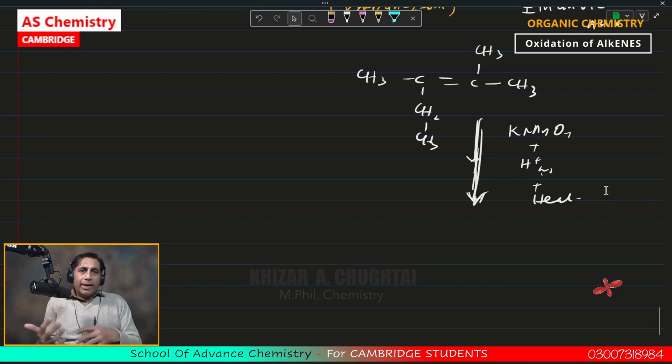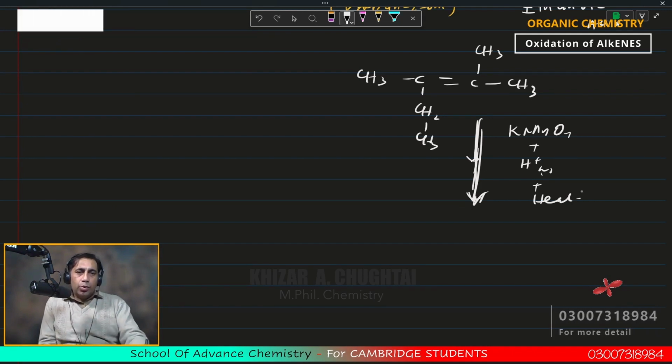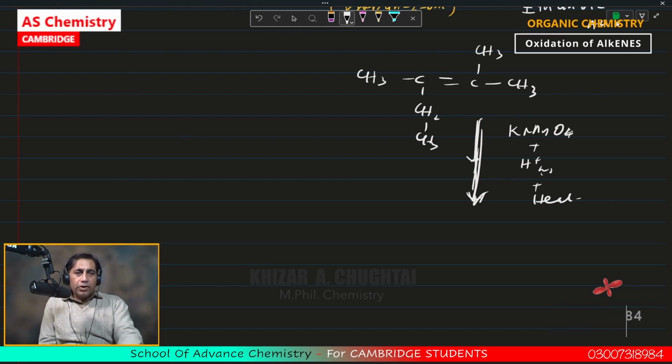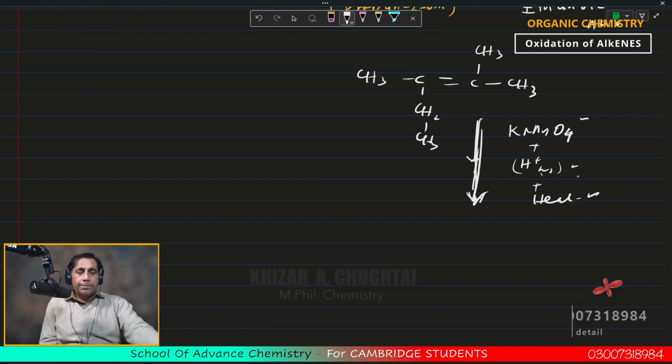Basically, you will have to apply the rules once again. What I told you, what are the basic steps to oxidize it. Whenever there is KMnO4, it has only one function: it's an oxidizing agent. Then what to do? You are going to heat. Acidic medium is over here. What will be step number one?